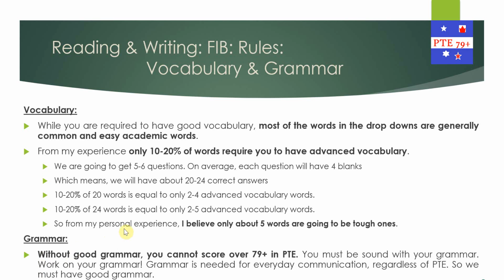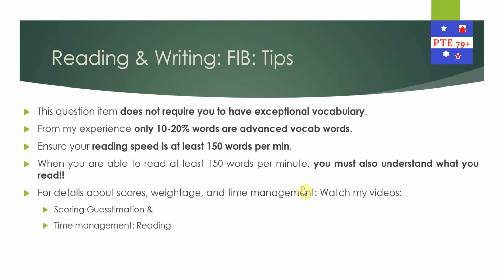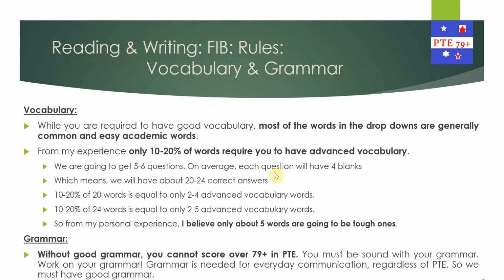So you must have good grammar. You also need to have good vocabulary, but don't worry too much about learning thousands of vocab words. It's not required, because I'm allowing two mistakes here. We are keeping a buffer of letting us make two mistakes, right? So let's say two words we don't know, let's commit those two mistakes. That's going to be fine. We are still going to get 79 plus.